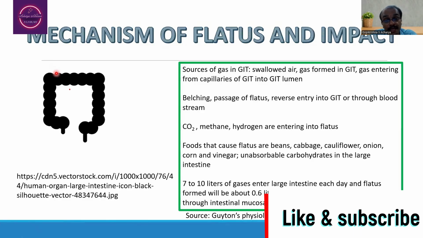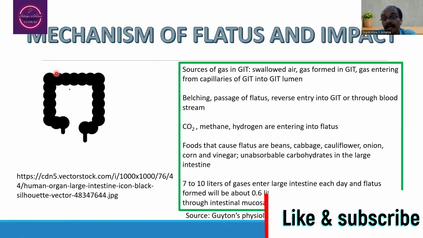If more gases are entering the large intestine, there may be increased swallowing of air, increased bacterial action, or increased entry of gas from the capillaries of the GIT into the lumen, which in turn results in belching, or passage of flatus. Upward passage is belching, and passing the gases through the lower end of the alimentary canal is considered to be flatus.